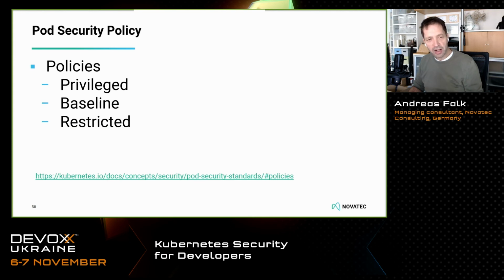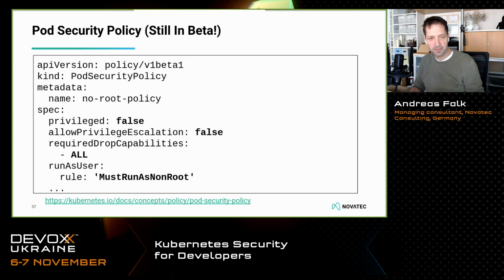In some rare cases, you need to have a policy that allows privileged containers, like for some infrastructure, like putting FluentD stuff for grabbing log files from syslog. These would need privileged access, but these are only very seldom cases where you need that. Most containers should use at least the baseline, which restricts it a bit more, or even better, the whole restricted one that does not allow any privilege, any root user for the containers.